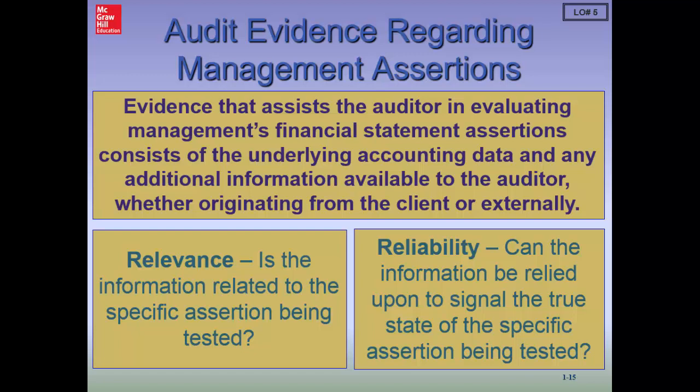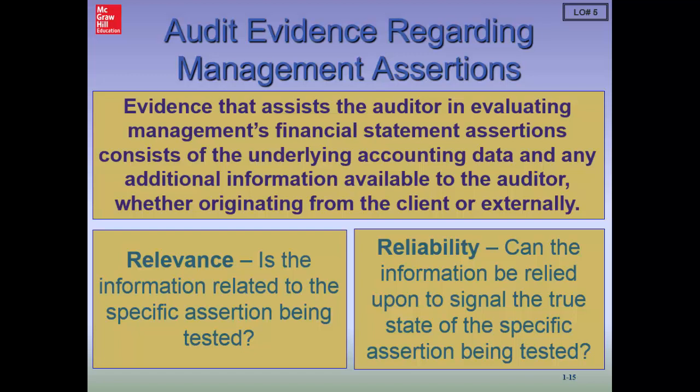Evidence is, frankly, everything that the auditor gains in understanding related to evaluating management's financial statements, the assertions, and it consists of underlying data, any other information that will be available to the auditor, whether originating from the client or externally. And again, we're going to be spending a tremendous amount of time talking about this, and all we're doing here is just providing the introduction.